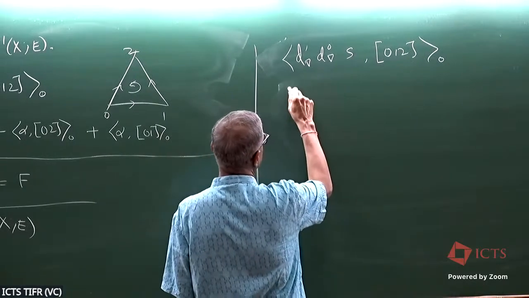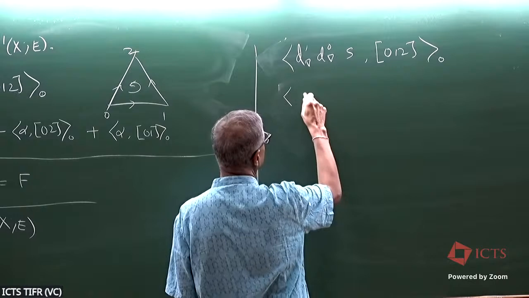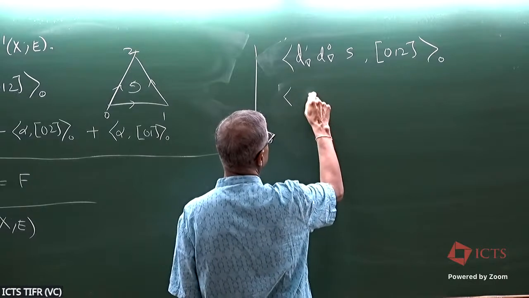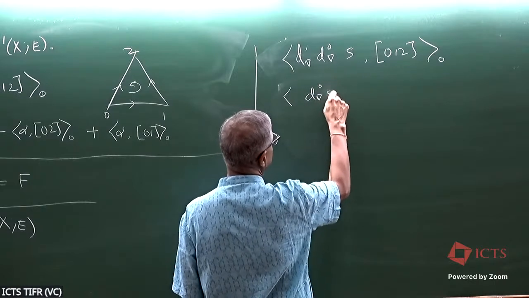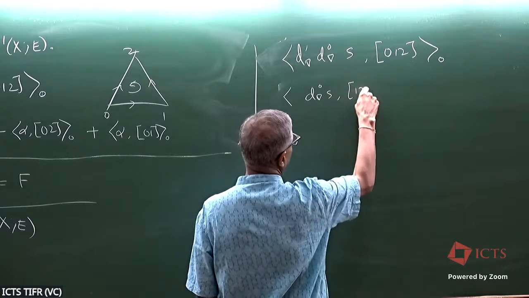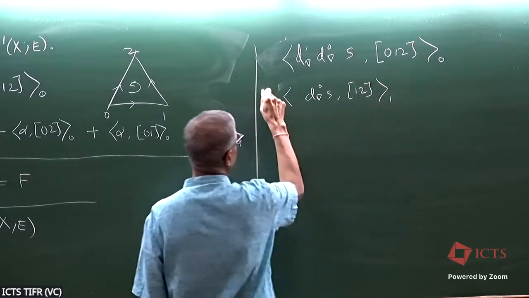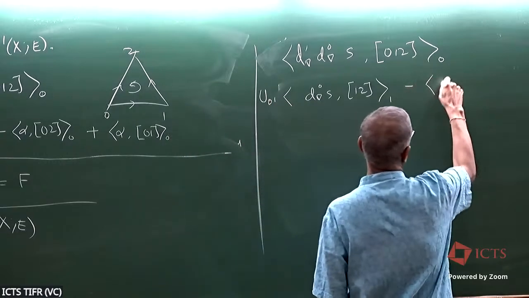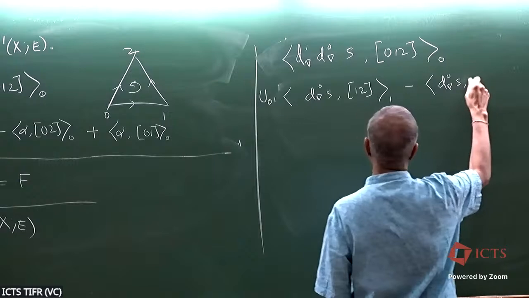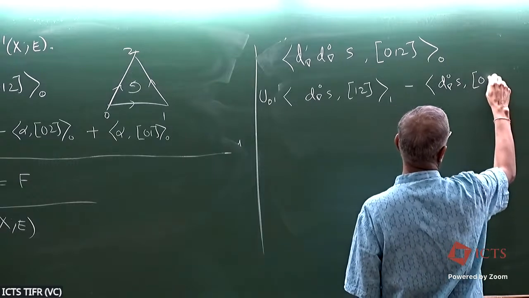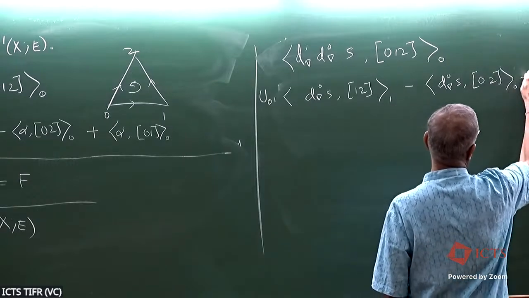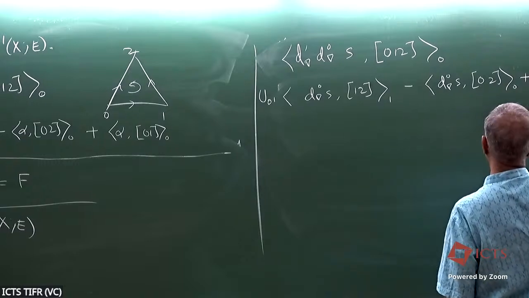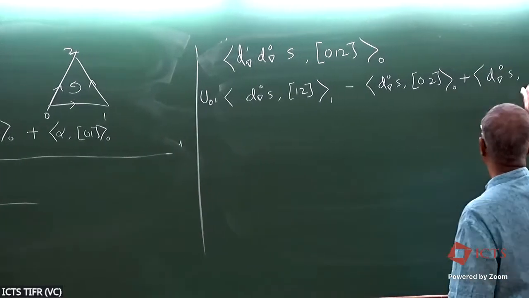So let's peel off one thing at a time. So this is D nabla S at 1, 2 transported, minus D nabla S at 0, 2 plus D nabla S at 0, 1.